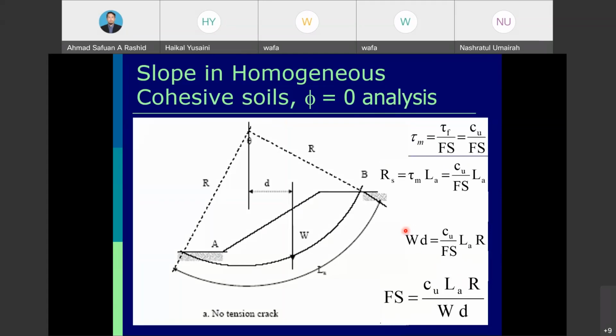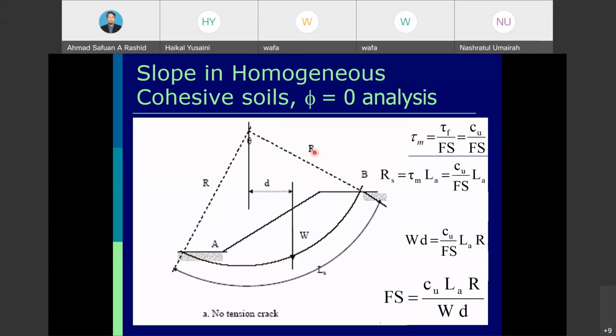Okay, so this is the example in terms of formula. So CU times LA times R over WD. So this is the formula. To obtain the LA, the equation is R theta. That is the typical equation to determine the distance of this LA.